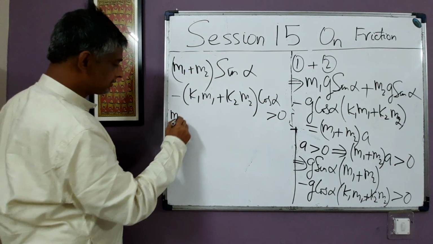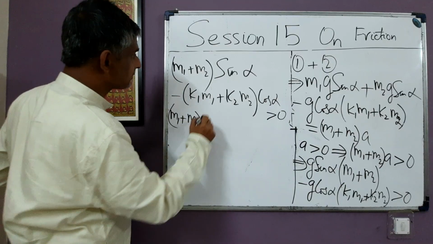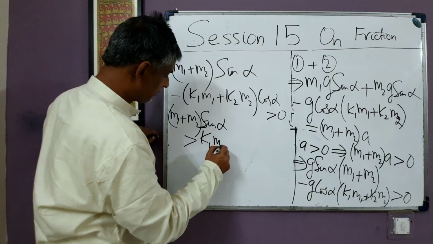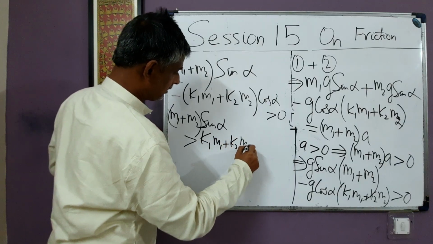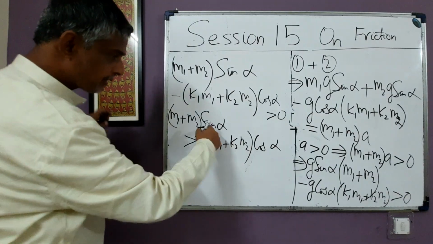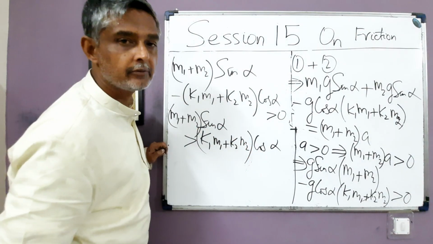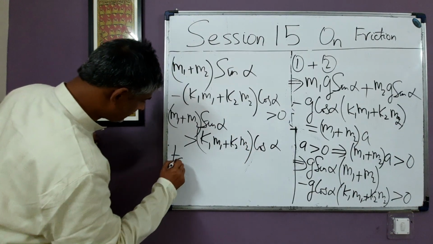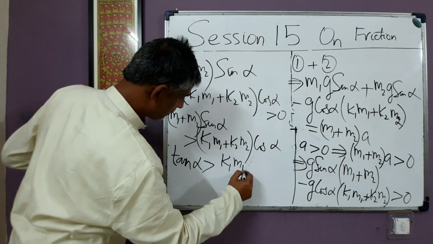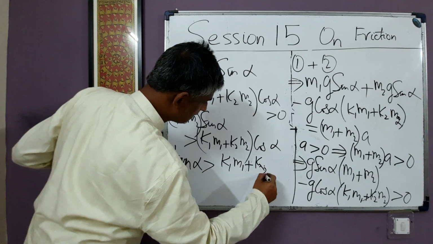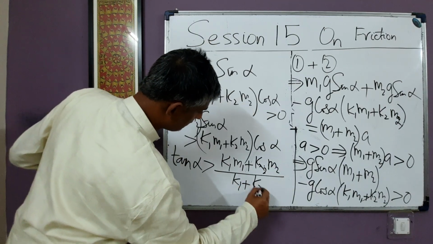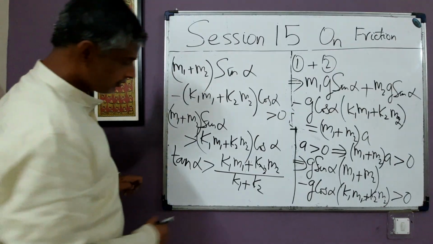So this means (m1 plus m2) sin alpha is more than (k1 m1 plus k2 m2) cos alpha. I divide by cos alpha; sin alpha by cos alpha becomes tan alpha from trigonometry. So I get tan alpha is more than (k1 m1 plus k2 m2) by (m1 plus m2).